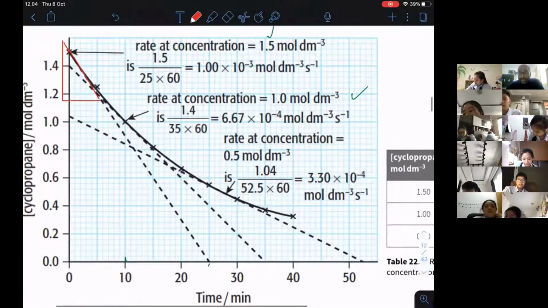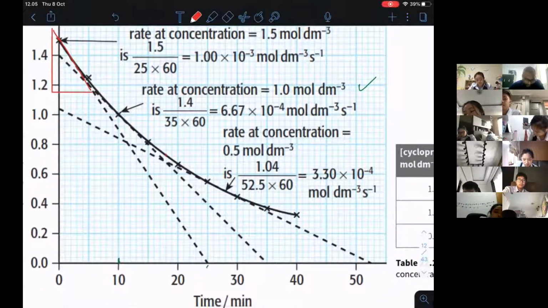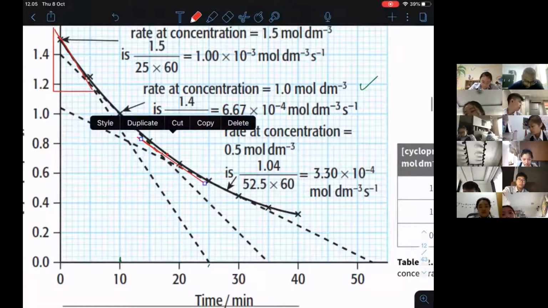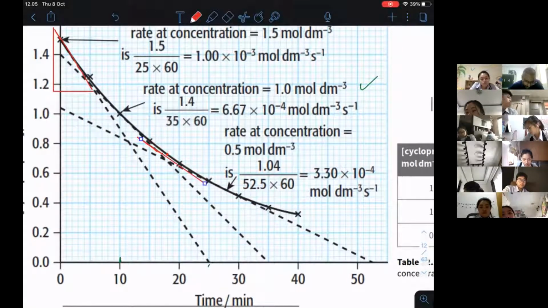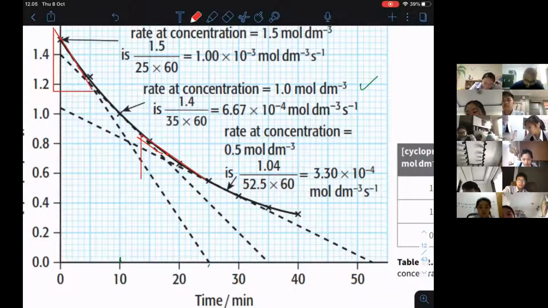There is a triangle over here. Let's say I select another point, maybe this point, and I try to draw a tangent. This is my tangent, for example. Then I draw another triangle. It's not so accurate, but I just want to show you something.